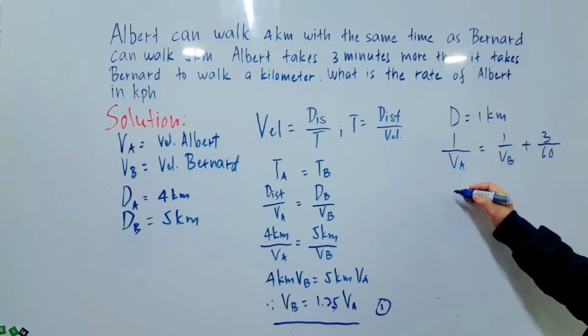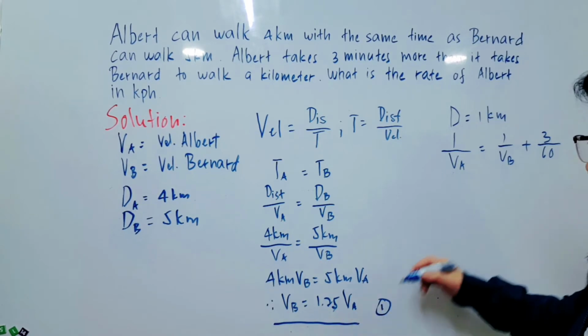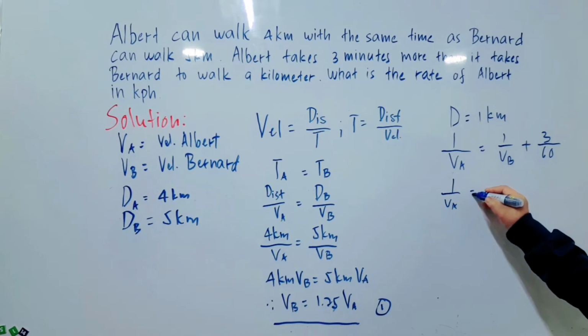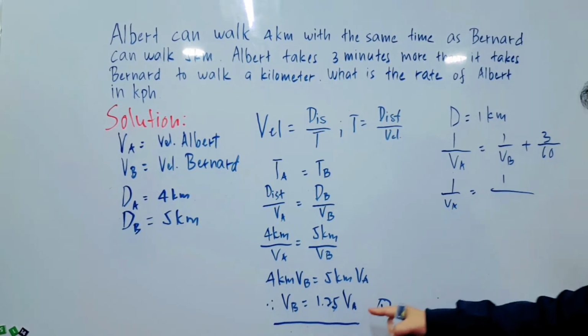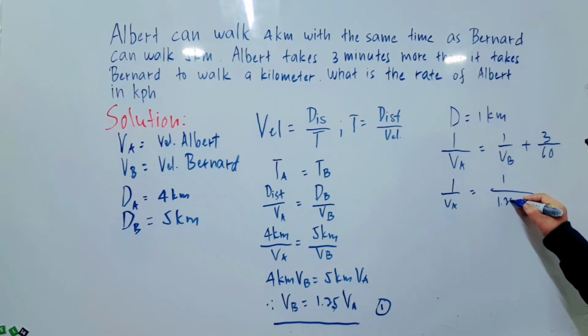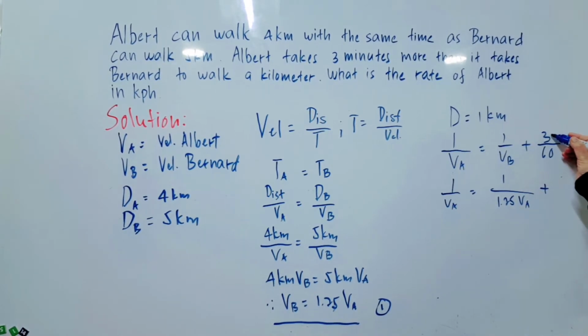Therefore, substituting the value of VB from equation 1, which is 1.25 VA, 1 over VA is equal to 1 over 1.25 VA plus 3 over 60. We can reduce this to lowest terms by dividing by 3, and this will become 1 over 20.